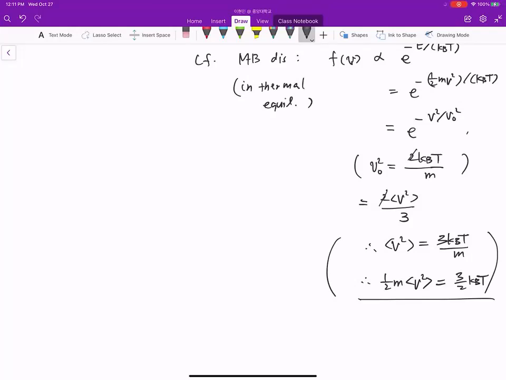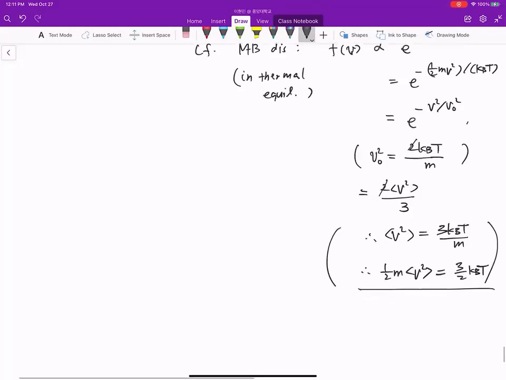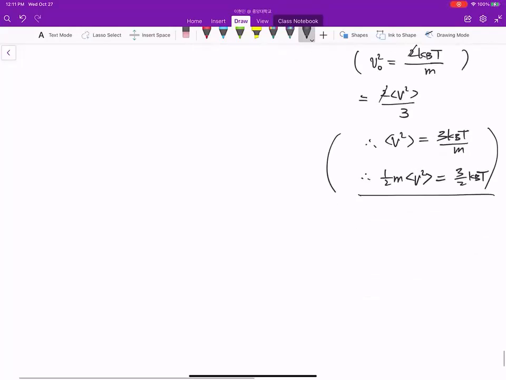This parameter V0 doesn't have to be related to temperature in our case, because we have a dilute gas, and the particles are not interacting with one another. They are just distributing randomly, and we don't know the motion of individual particles.